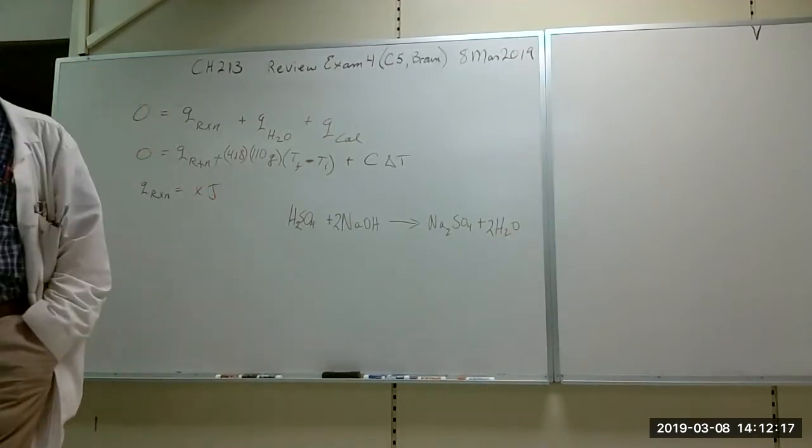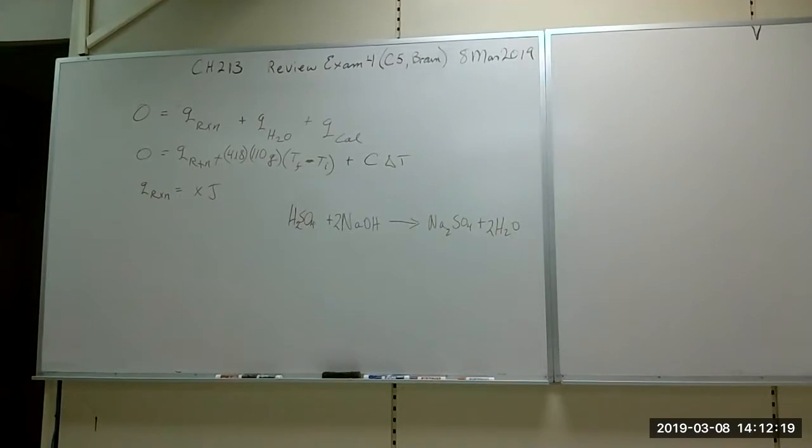Which one is the 60 mils and which one's the 50? Right, one of them is in excess. Let me see. Yeah. Okay, measure 50 mils of sodium hydroxide, 60 mils of sulfuric.